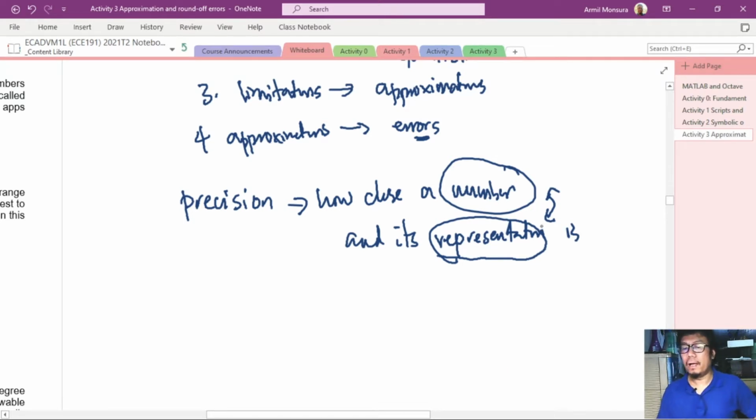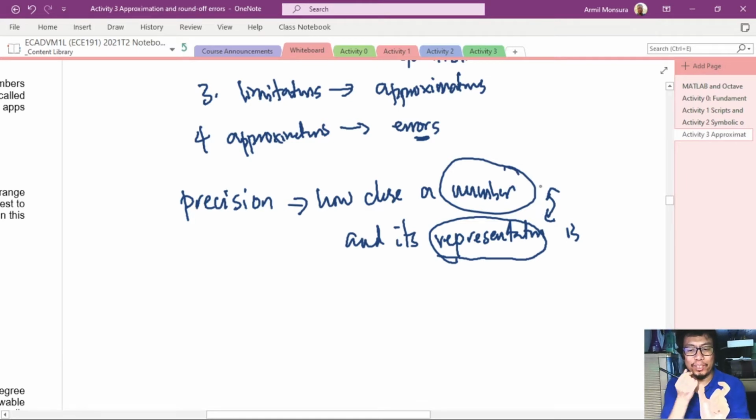Those terms are actually related to numbers, because a measurement is also a number, which should also have a true value, because when you measure something, it has an exact value. Say for example, length. If that is a length, it has an exact value.